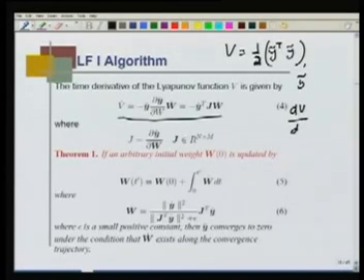So, the relation that I have added is dV by dt is dV by dW into dW by dt. Okay. So, that is what W dot is, dW by dt, and this particular expression, you can easily say that this is a vector and this is another vector, but this is a row vector.